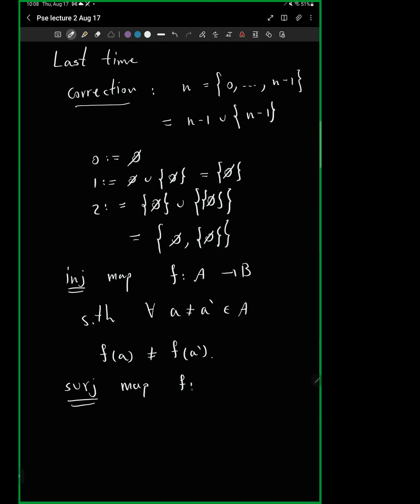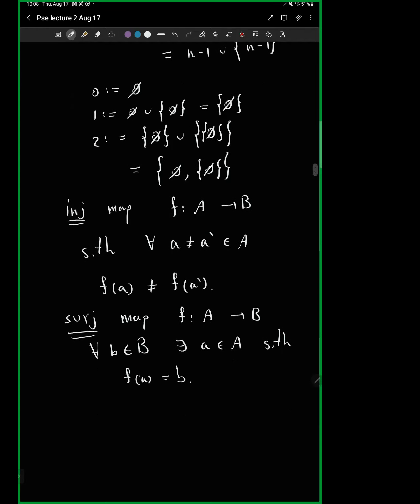It means that for any B in B, there exists some A in A such that f of A is equal to B. And similarly, bijective functions are just injective and surjective.